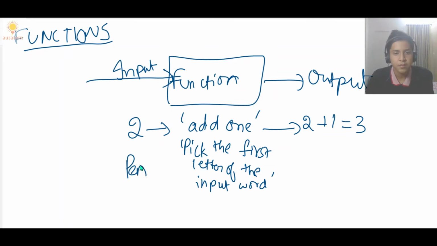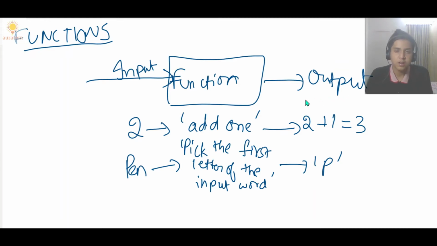The operation of that function is to pick the first letter of this word pen, and the output that we get is simply p, right? So that's the easy way to define a function. A function is a machine that takes an input, does an operation on that input and gives back an output.